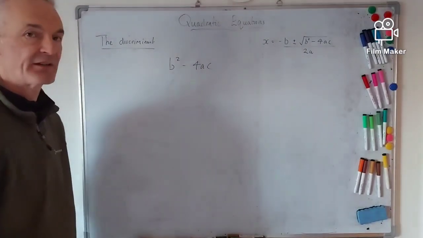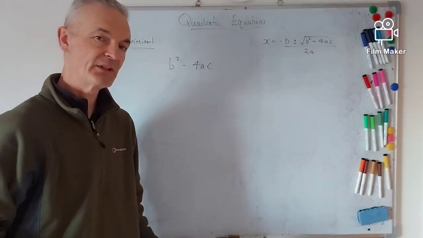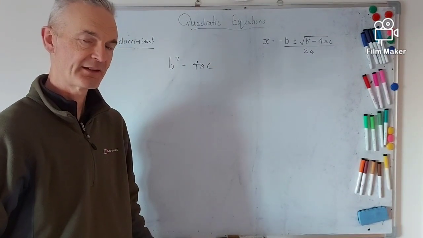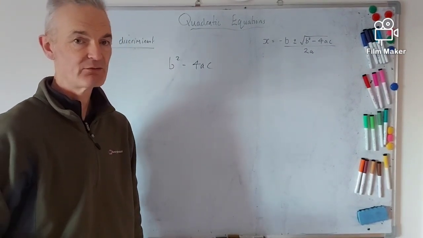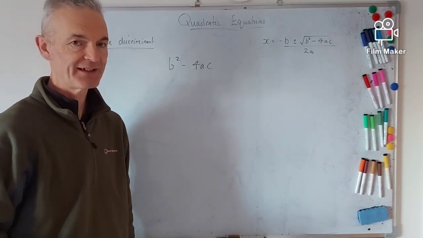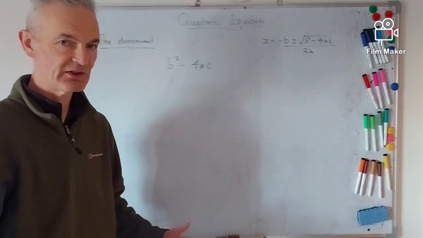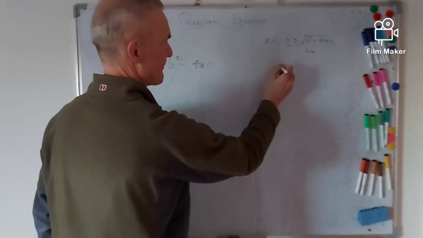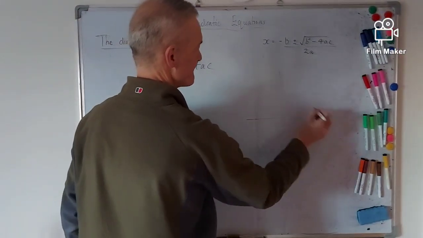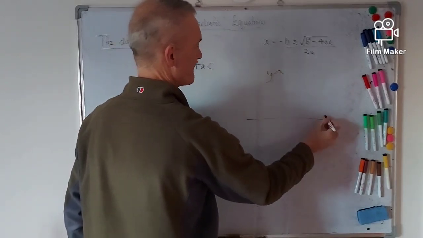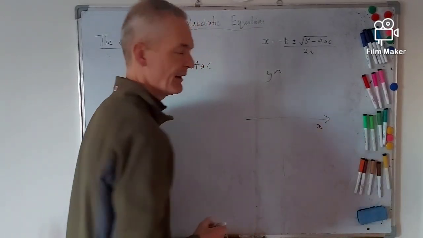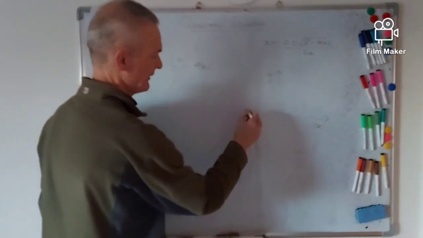This bit is known as the discriminant, and it's useful for helping us work out how many roots a quadratic has. So think about what a quadratic looks like. Now, your quadratic could look like this.